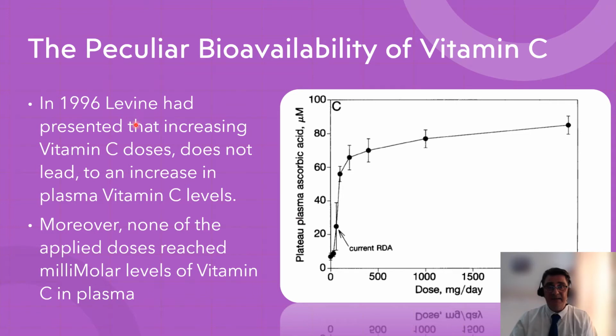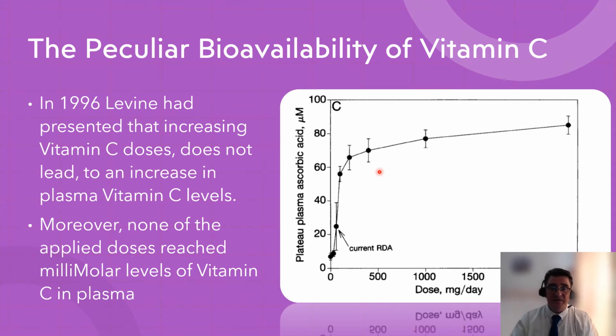In 1996, Levine presented a study that shows that increasing the amount of vitamin C does not necessarily mean that the amounts in the circulatory system are augmented as well.